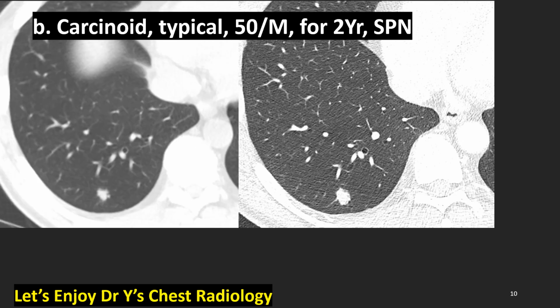Second case, also typical carcinoid, small, less than 1 centimeter, man, 50 years of age, 2 years difference. At the beginning, it was 7 millimeter. Now it is 10 millimeter. It shows a small solitary pulmonary nodule.